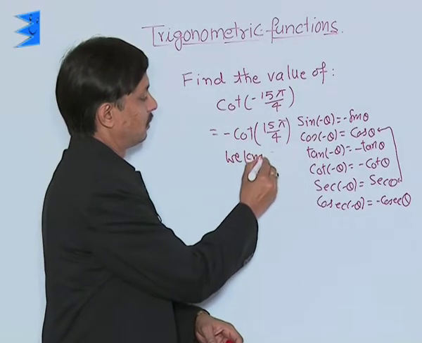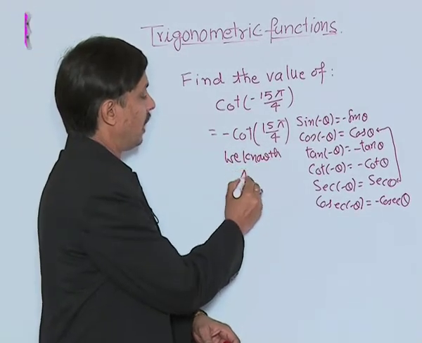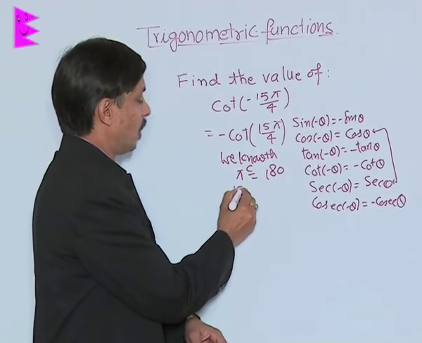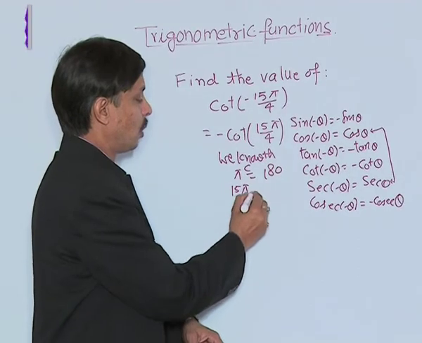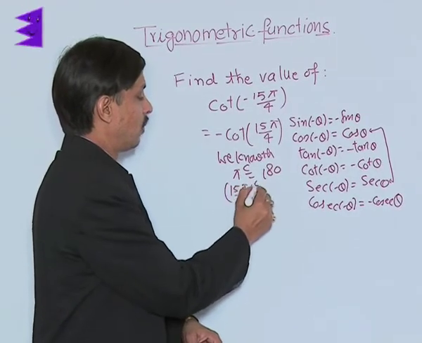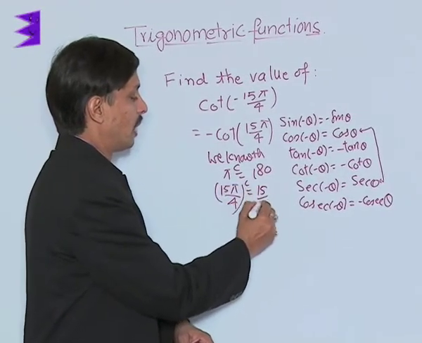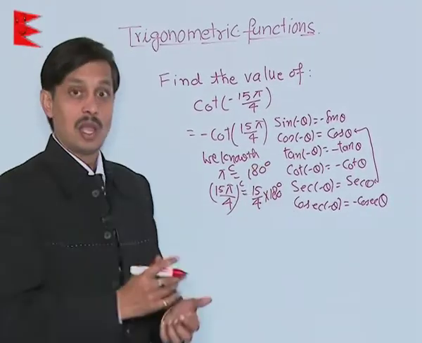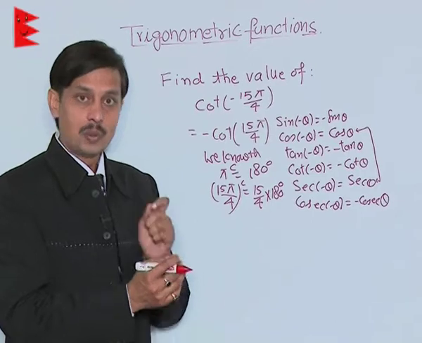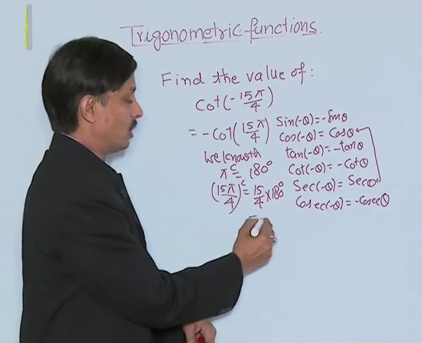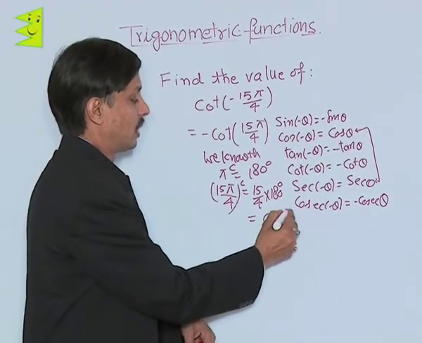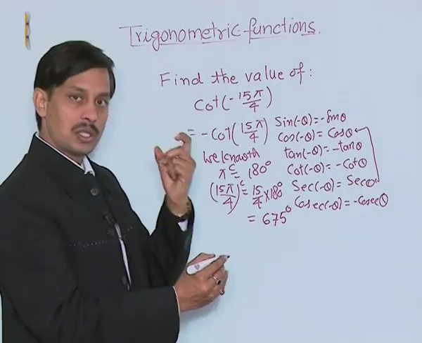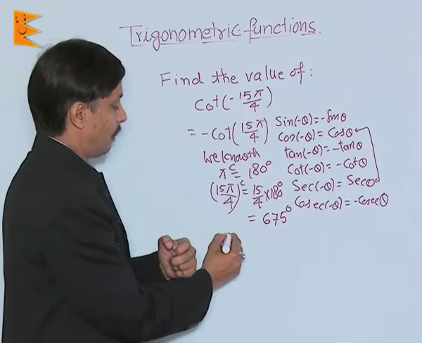We know that pi radian is equal to 180 degrees, so definitely 15 pi by 4 radian will convert to 15 by 4 into 180 degrees. This value will change to 675 degrees.